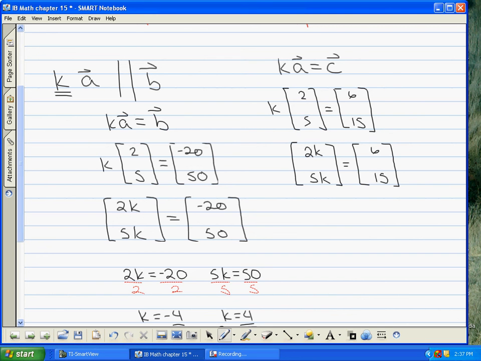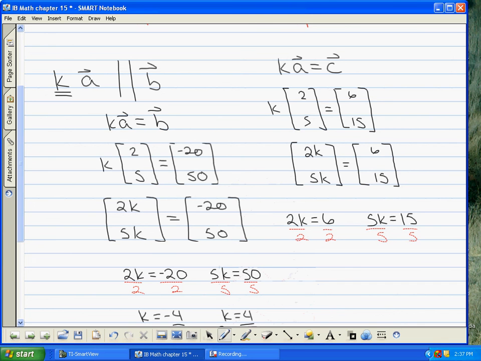Again, if two vectors are equal, then the x component of one vector will equal the x component of the other, and the y component of one vector will equal the y component of the other. Using basic algebra again, I divide by 2 and by 5.